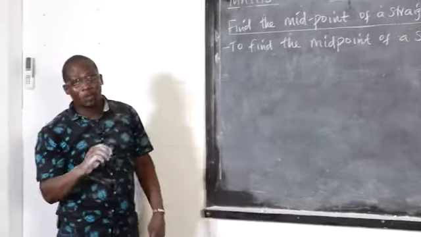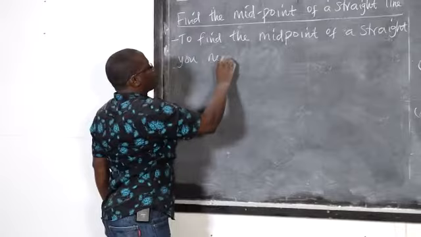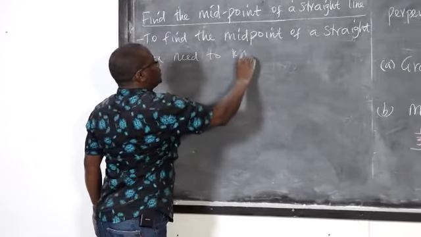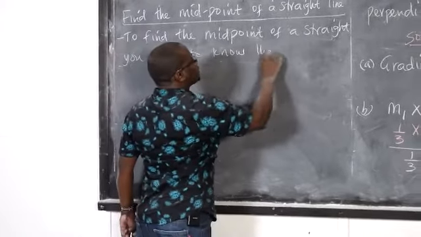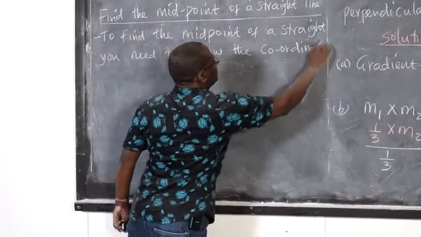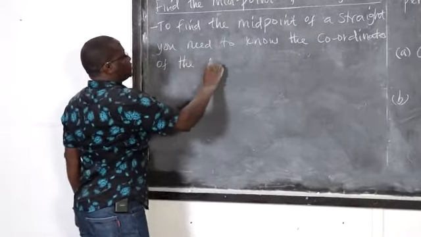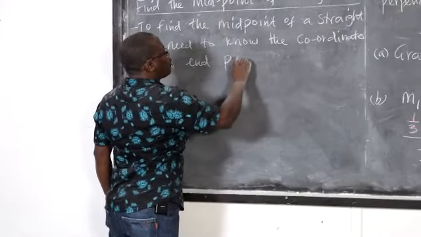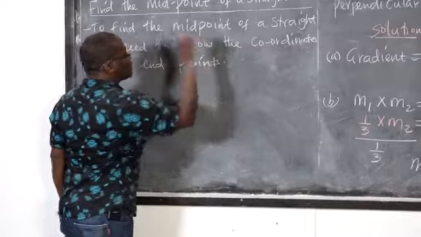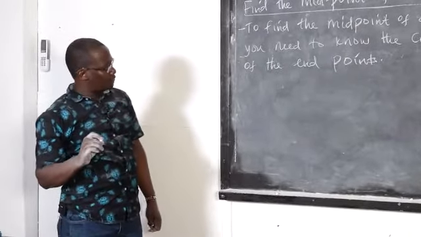So to find the midpoint of a straight line, you need to know the coordinates of the endpoints. You need to know the coordinates of the endpoints of that line segment. And we have the formula for that.